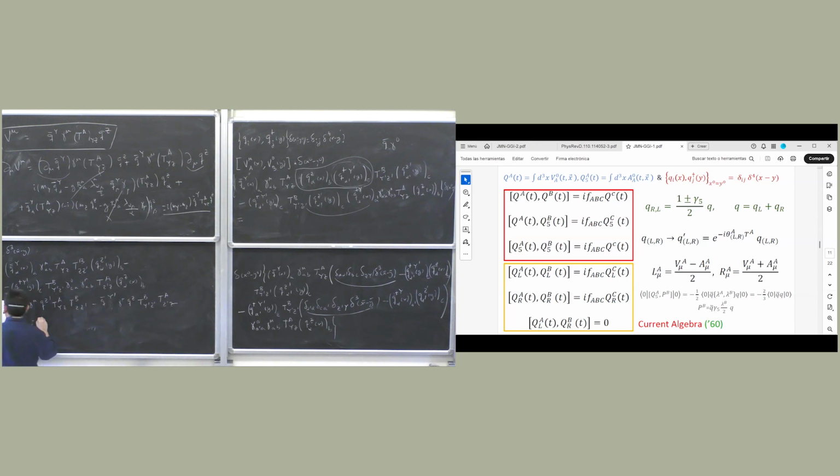And this is q bar y gamma mu q z T^A T^B matrix element Y Z.